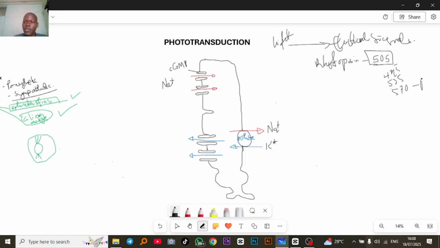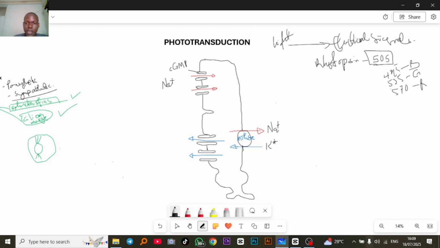We know that red has the highest wavelength, then green, and blue has the least. So that's it for cones, but rhodopsin has a fixed wavelength which it absorbs, that's 505.